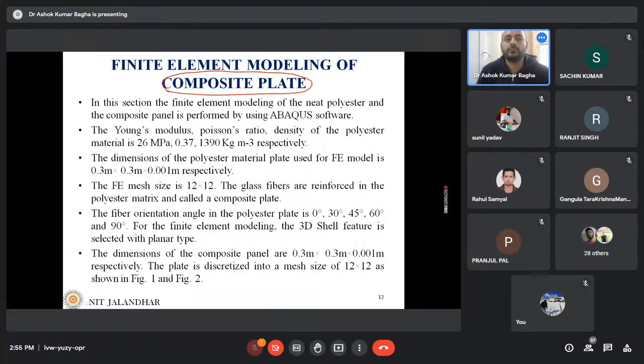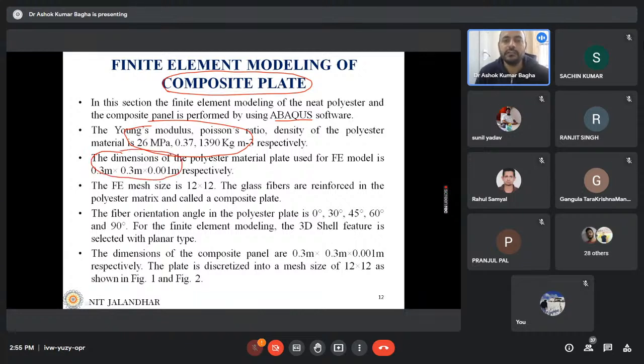And when you use any Abaqus software or any software, there is a need to do some input in the software in terms of mechanical properties, right? Density, modulus of elasticity, in terms of dimensions, and in terms of boundary conditions.